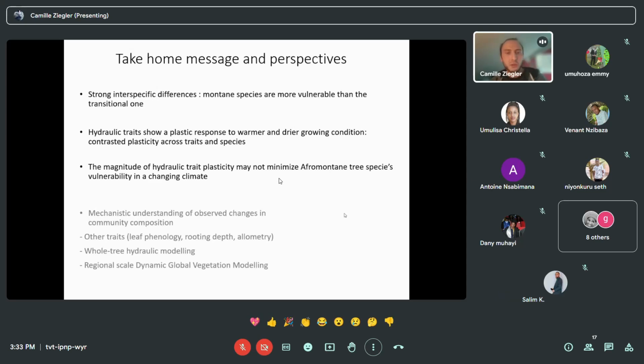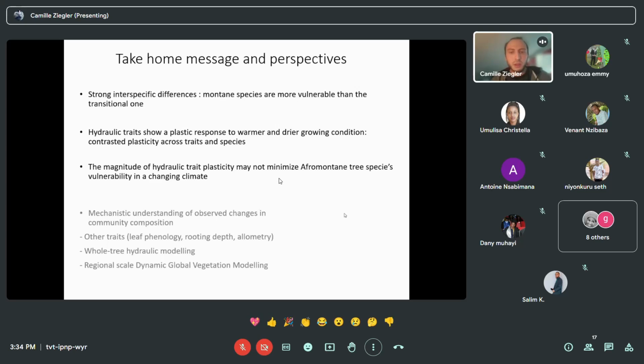So in this project, to go further on our mechanistic understanding of why communities change in composition, we'd like to include other traits, such as leaf phenology, which is when trees drop their leaves during the season, and rooting depth: trees that can reach water at deep soil levels can probably sustain hydraulic transport longer during drought.